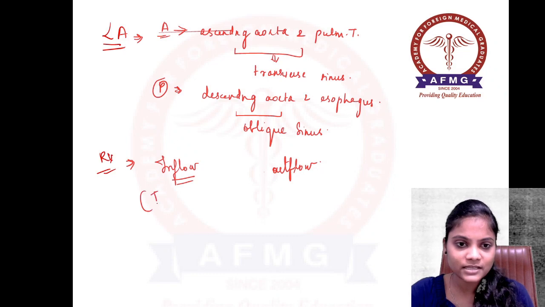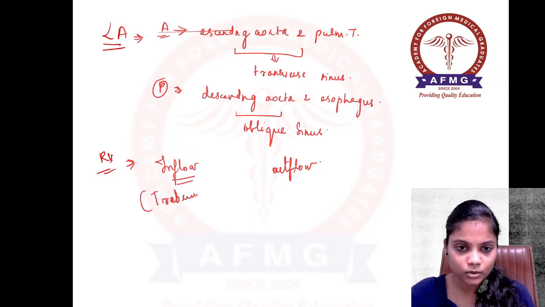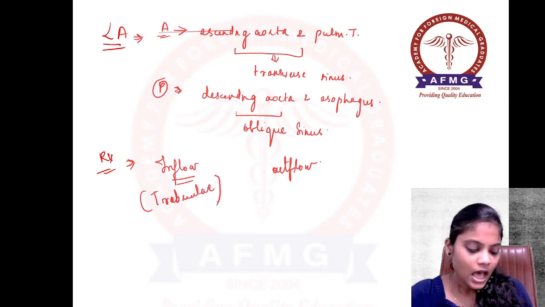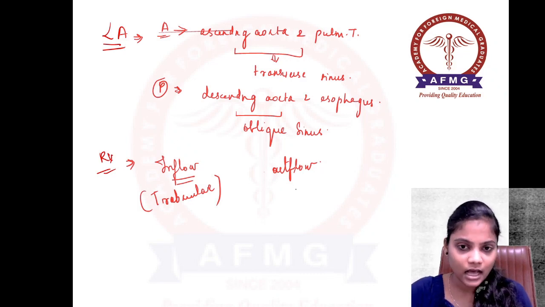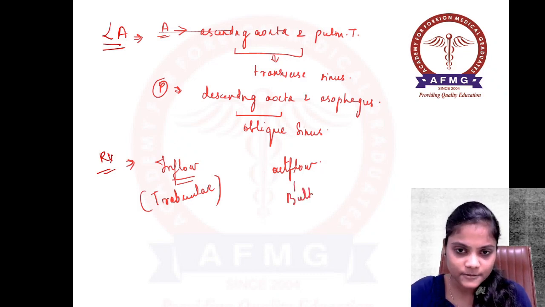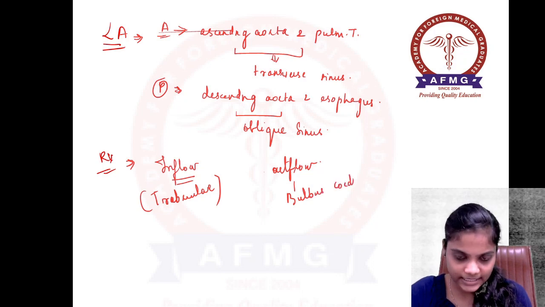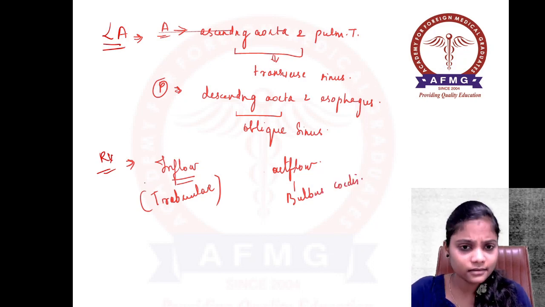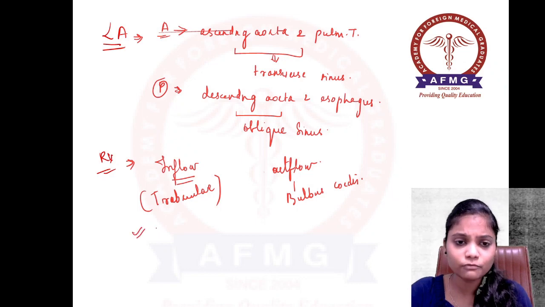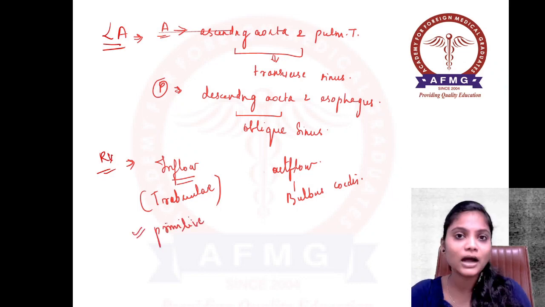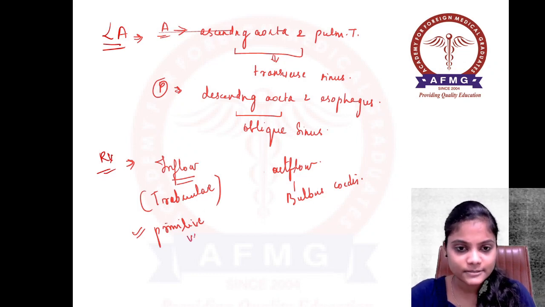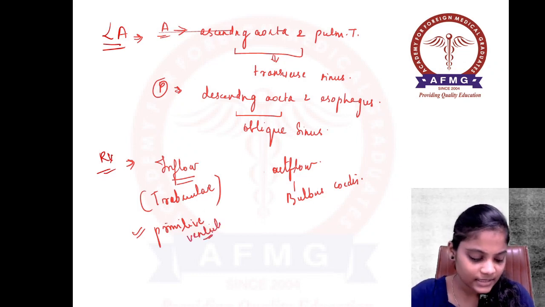Please remember the embryological part about this is trabeculae. And in the outflow part, remember it is formed by bulbus cordis. Yes, that is important. And here mainly the inflow is made of primitive ventricle. Why? Because they have the rough part of our ventricles. Yes, primitive ventricle, that is important.